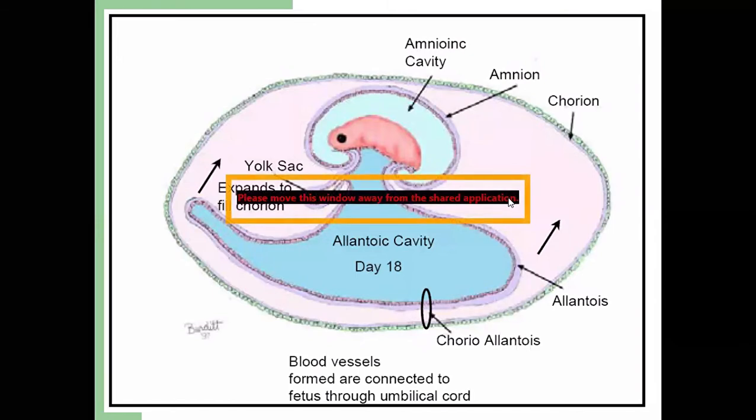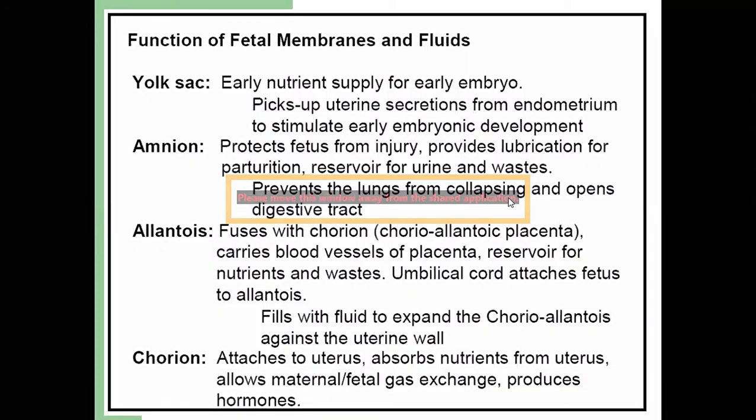The chorion, as part of the extraembryonic membrane, will fuse with the uterus and become the placenta. It is the part of the placenta, the chorion. So these are now the fetal membranes, the extraembryonic membranes.